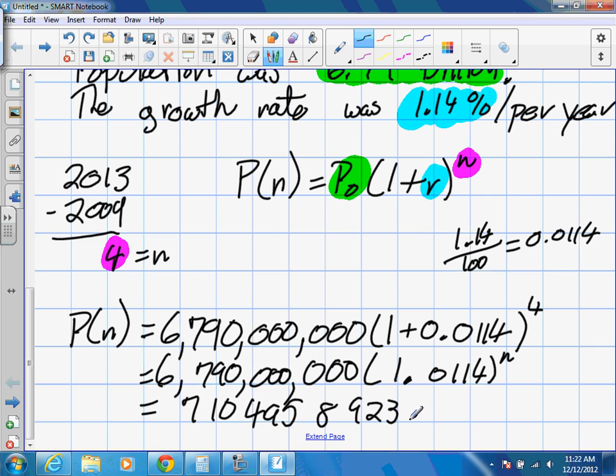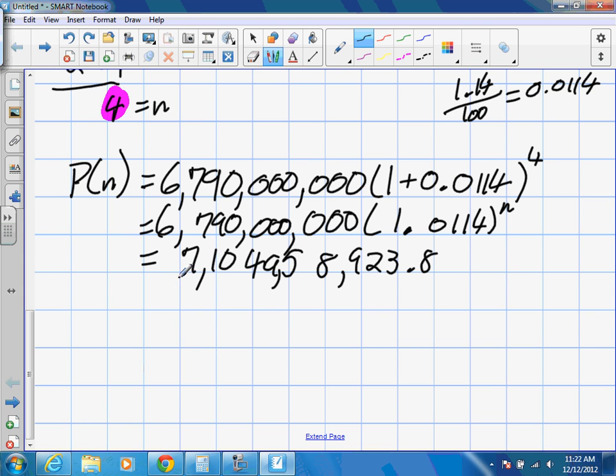Okay, so this is very important here. This number. If you look, you guys estimated it to be 7.1 billion, which is pretty much what this calculates. So we can go on the assumption that this formula is probably relatively accurate.